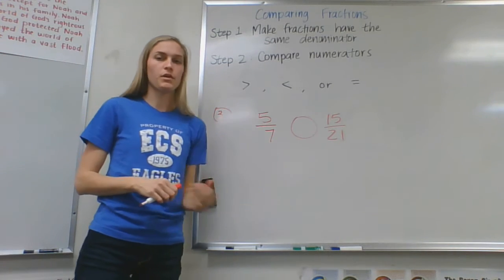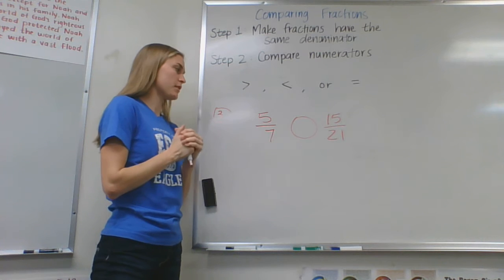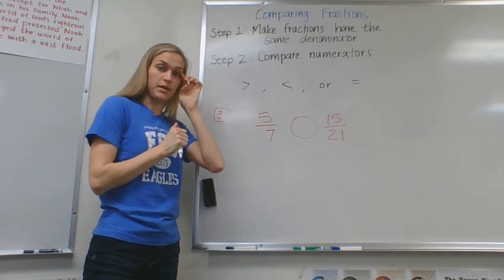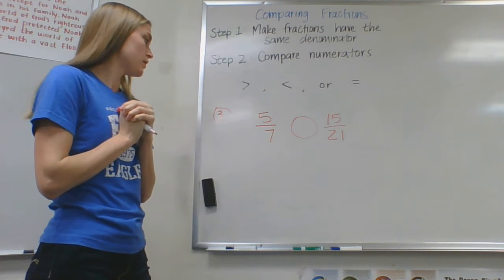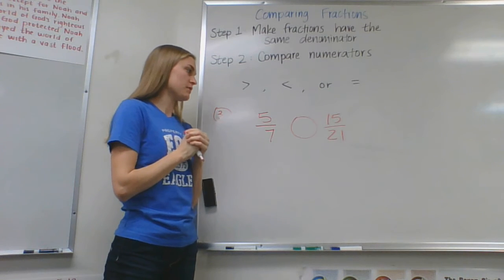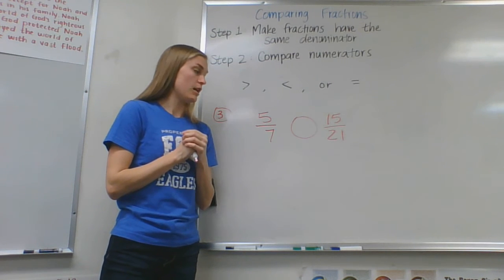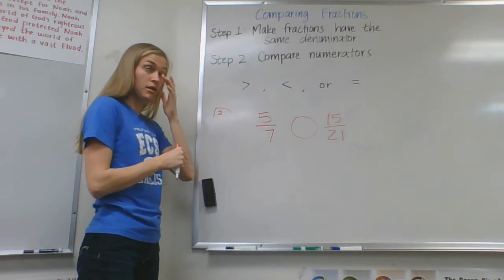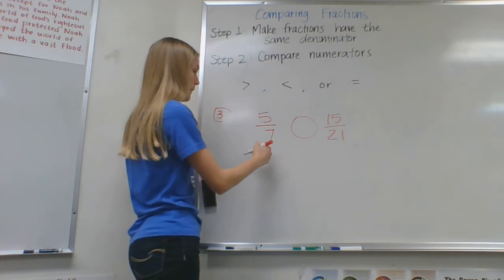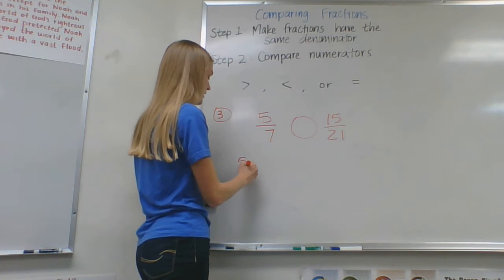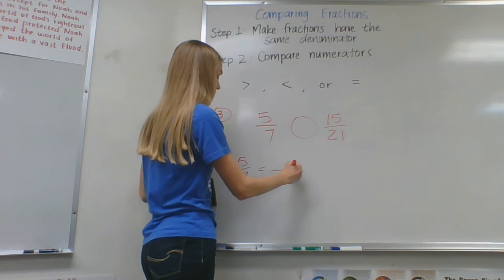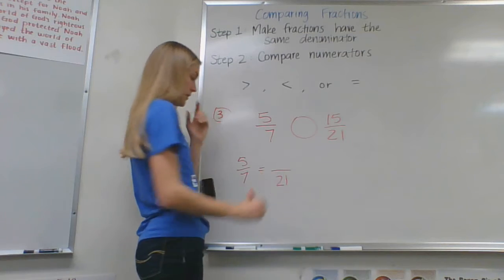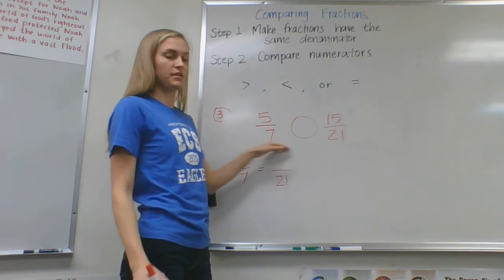We have 7, we have 21. What denominator can we use to make them both the same? We could technically use 7, but I think it'd probably be easier just to do 21. We're just comparing them. So let's take our 5/7 and make it have a denominator of 21 so that they can have the same denominator.